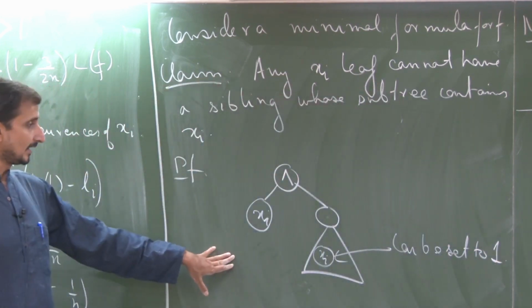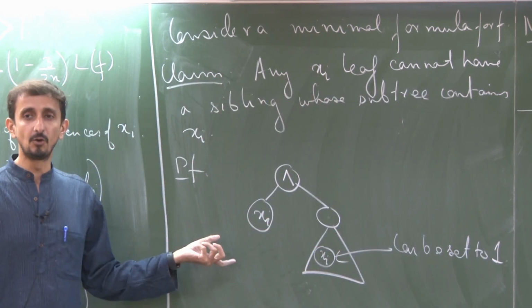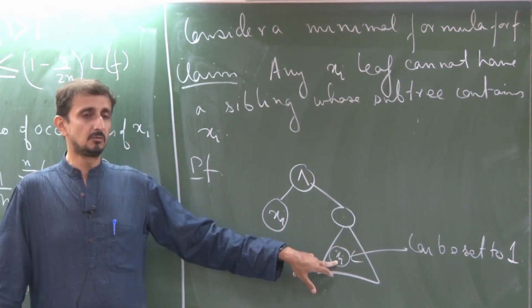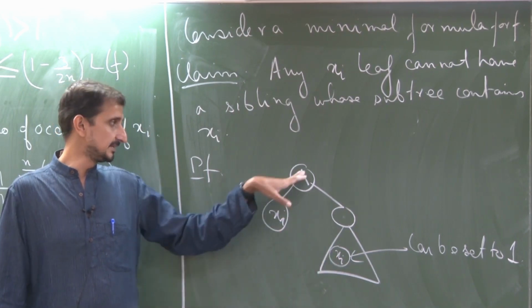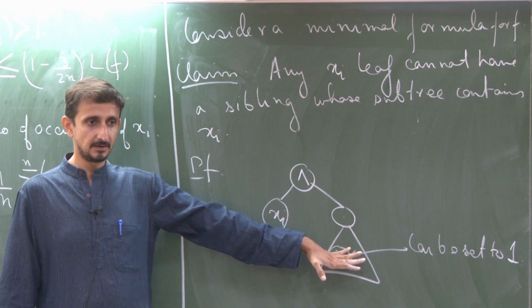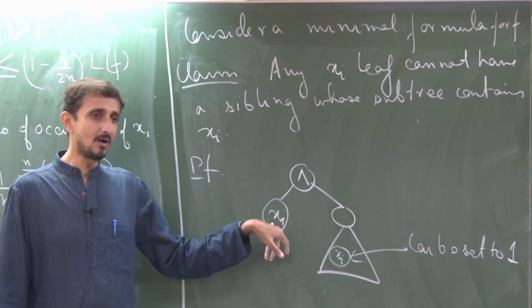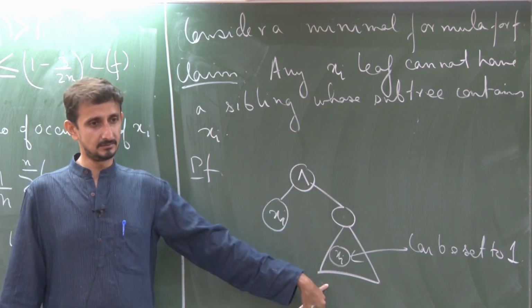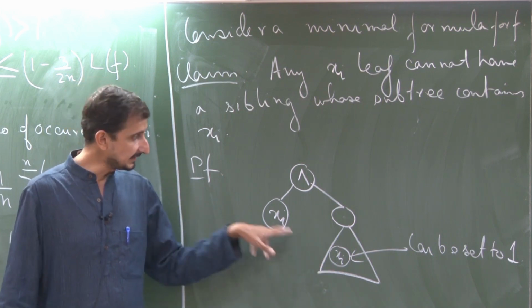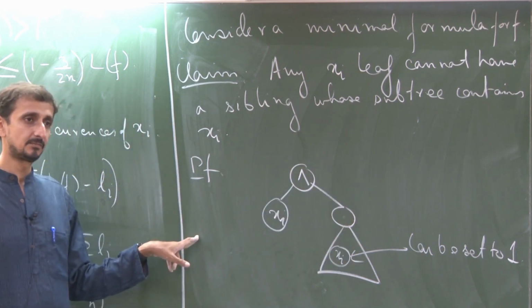Why can it be set to 1? Because if xi is 0, then setting this to 1 or 0 or any value does not matter, because this node evaluates to 0 irrespective of whatever is on the right hand side. And if xi is equal to 1, then I have already set this to 1. So, what does that mean? That means that this is not the minimal formula for f.